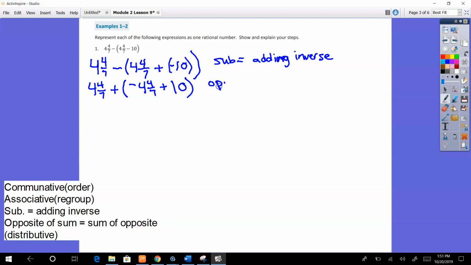So this is our opposite of sum equals the sum of the opposites. After that, I would say this is positive 4 and 4/7 and this is negative 4 and 4/7, so I want to put these together and do them first.